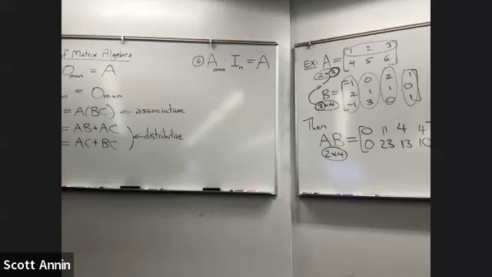Now, if you don't believe me, you can just play with a little example. Here's a little random 2 by 2 matrix. You can multiply that by, let's say, the I sub 2 matrix. And we just learned how to do these dot products. We go across the rows of the first matrix and dot them with the columns of the second matrix.